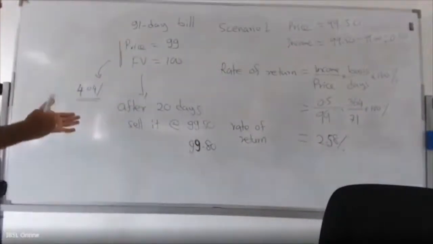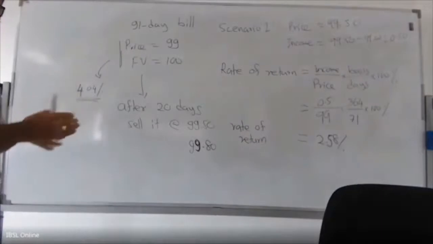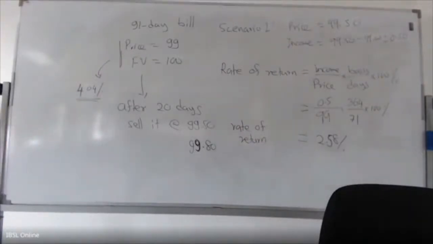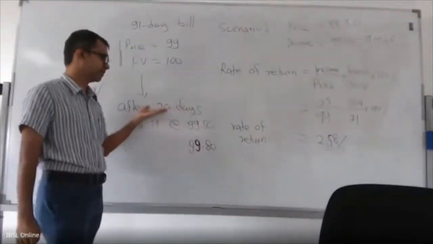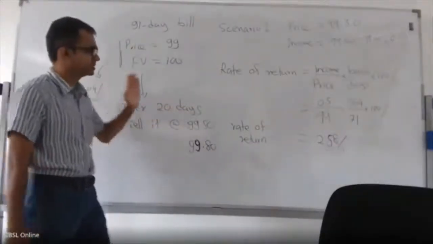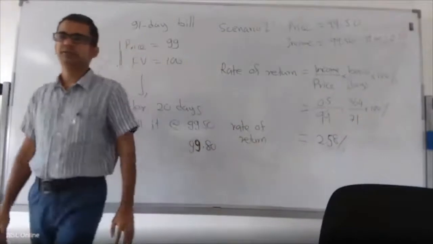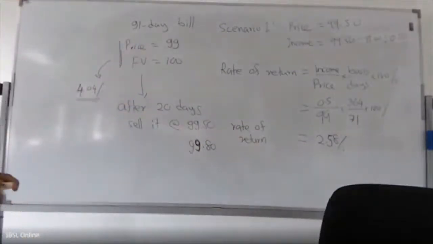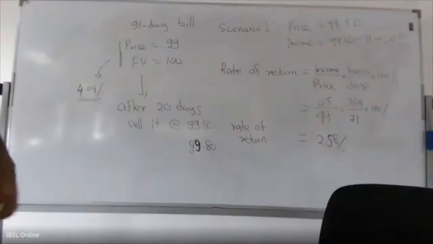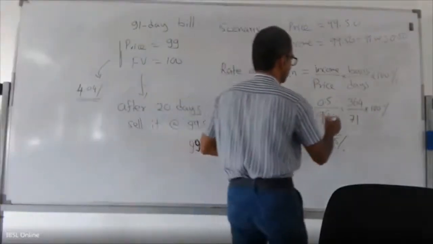Even for a small drift in the number of days, there cannot be this much huge change unless the rate has moved down. So it should be divided by, sorry, 99.5?